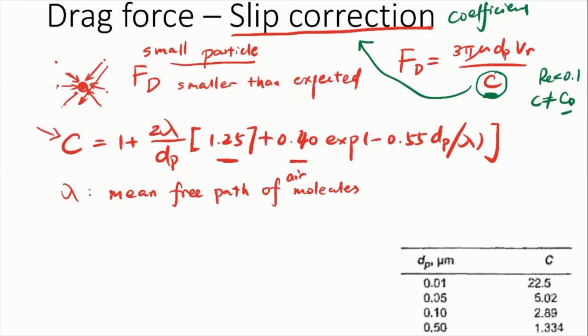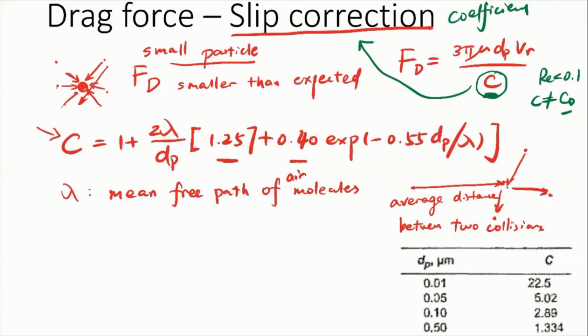Mean free path is just the average distance. We know that the air molecules are always colliding with each other, right? When they're not colliding, they travel a straight distance until they collide with another molecule, and then they move to some other location and collide with the next molecule. So the mean free path is just the average distance between two collisions.